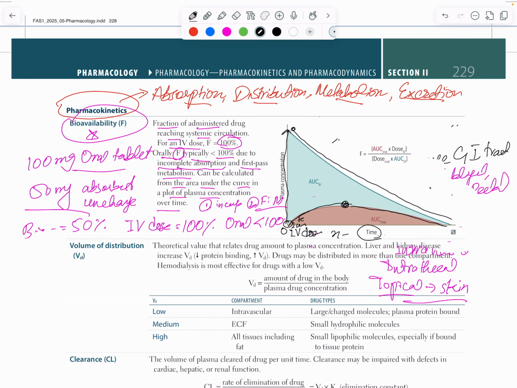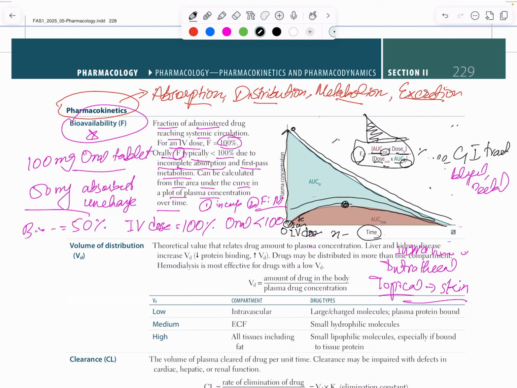Fine? And from this graph, you can find the bioavailability by the area under the curve. That is the graph, and this area under the curve gives the bioavailability. For that, the formula is: bioavailability equals AUC of the oral multiplied by dose of IV, divided by dose of oral multiplied by AUC of the intravenous drug.